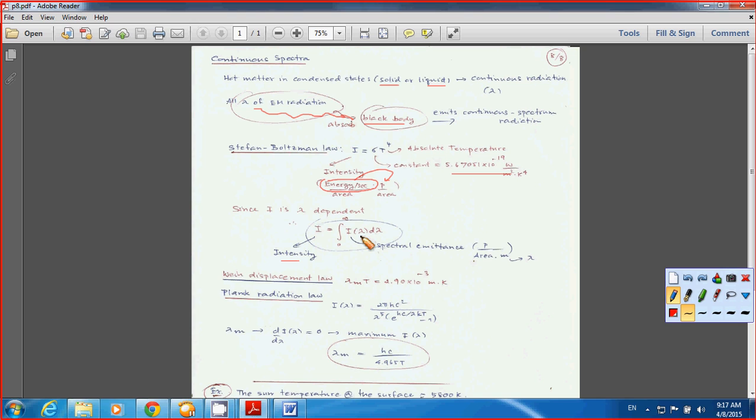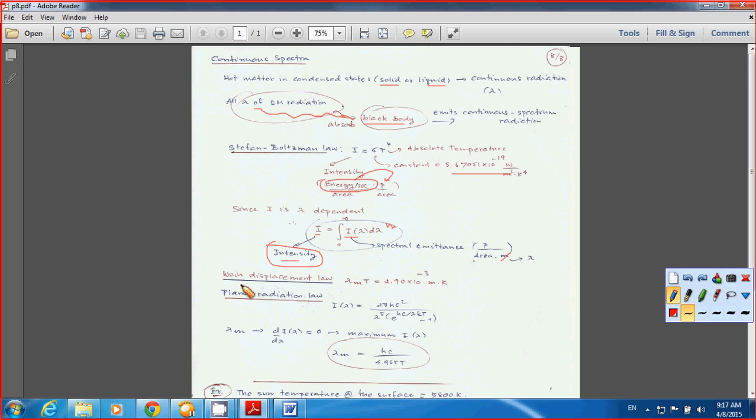Please keep in mind that I here and I here are different, because I here is the intensity, but I lambda here is the spectral emittance in the unit of power per unit area per meter. That's why you multiply by d lambda, which is in the unit of meter. So meter cancels out, and you are left with power per unit area, which is the unit of intensity. So I here and I here are not the same.